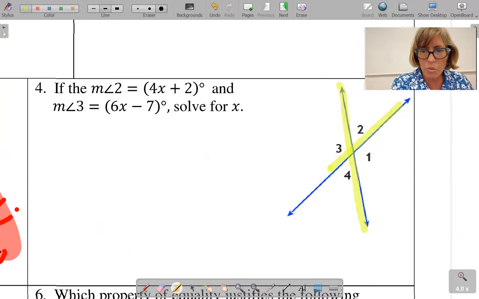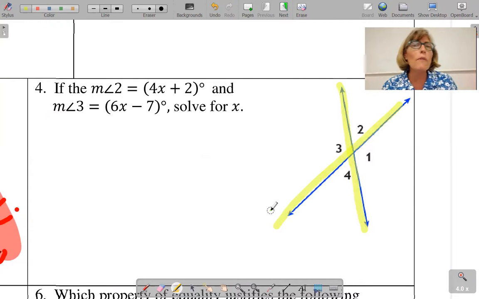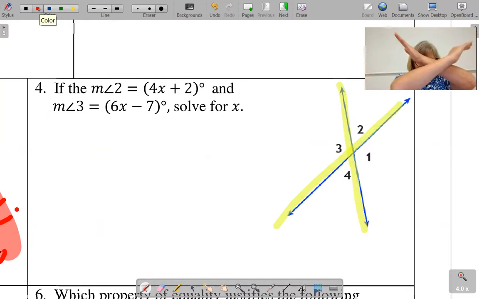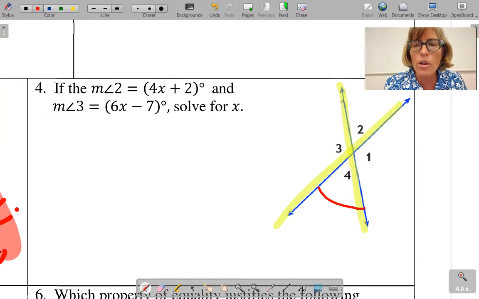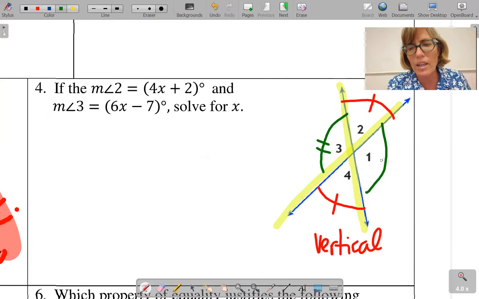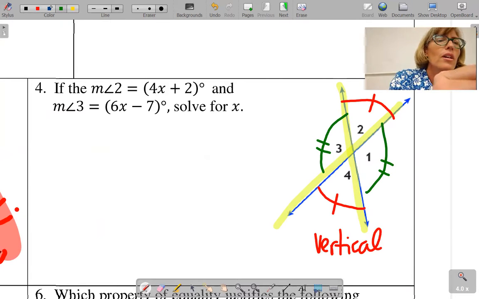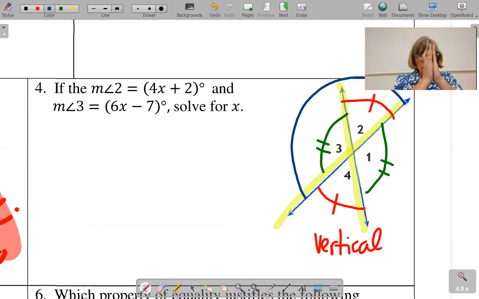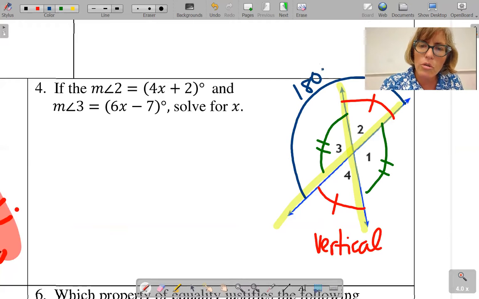Physically trace these. What's important here, you've got a bunch of what are called vertical angles. The angles directly across from each other, like an X, are called vertical, and they're also congruent. Same thing with 3 and 1, they're vertical and congruent. Notice the hatch marks. Also, what you want to watch out for is angles that share a spine and make a line. They add up to 180, so angle 2 and 3 add up to 180.